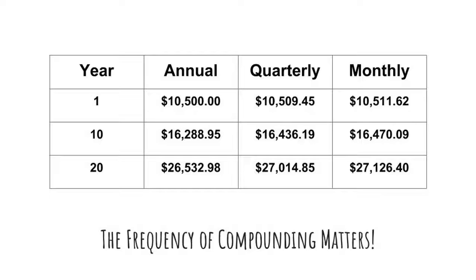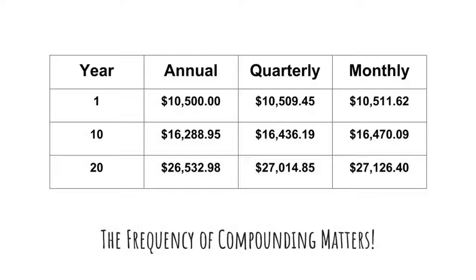And you can see that in the first year, we're going to earn $9.45 more. Now, that may not seem like a lot, but over time, that can grow. After 10 years, we're going to earn a little bit more. And then after 20 years, we're going to earn roughly $500 more because the interest was compounded quarterly.